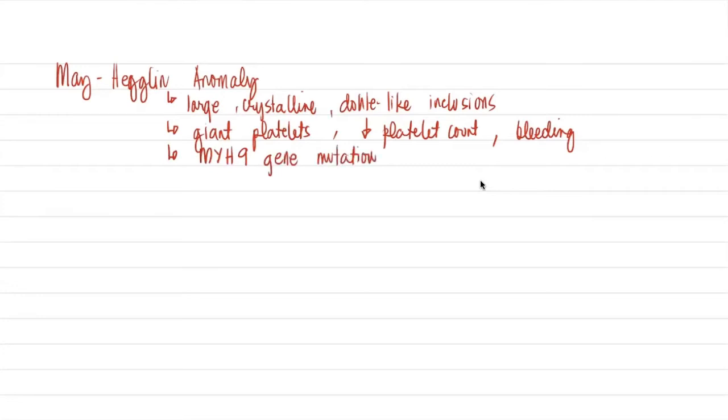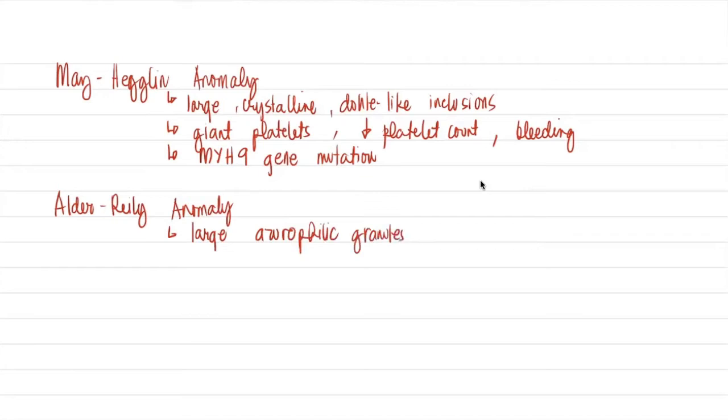Now, the other cytoplasmic anomaly is the Alder-Reilly anomaly, which is characterized by large azurophilic granules that contain degraded mucopolysaccharides.